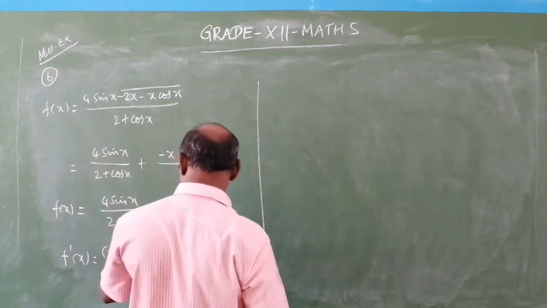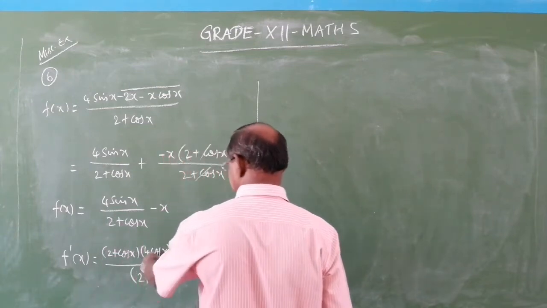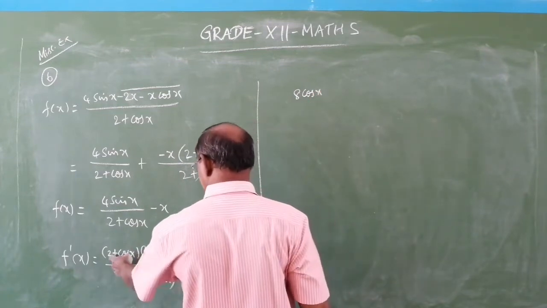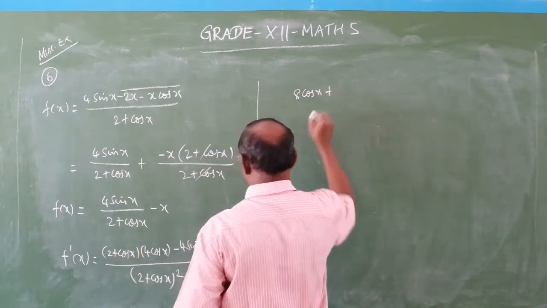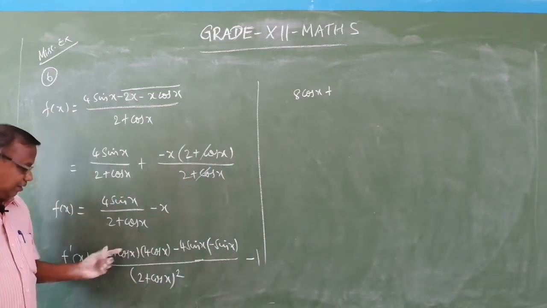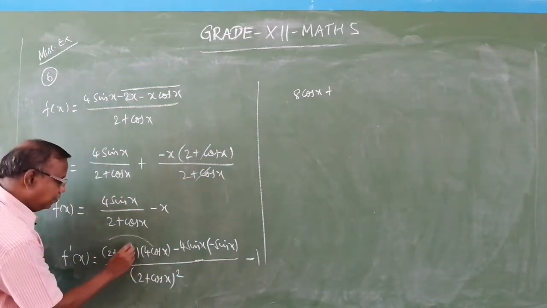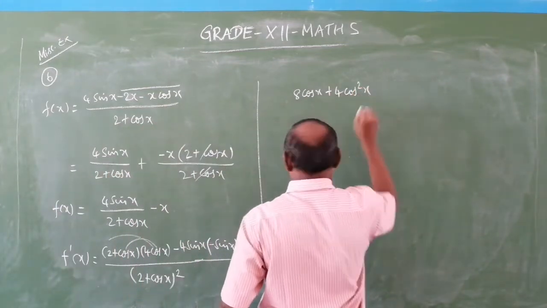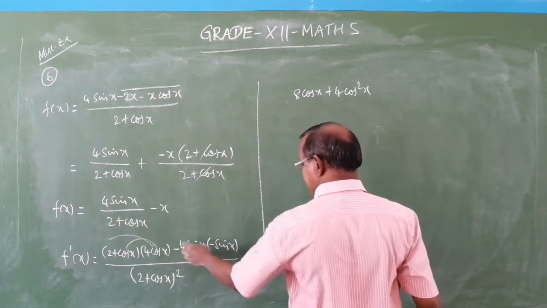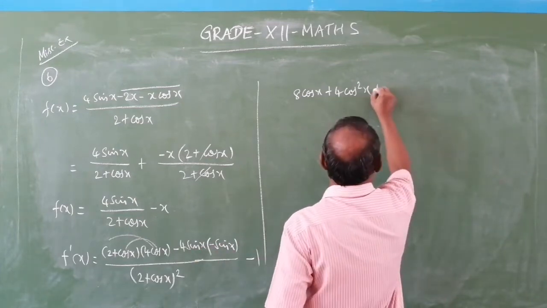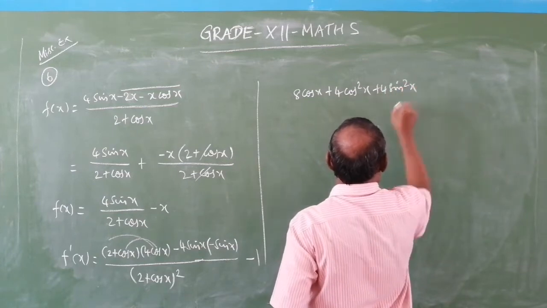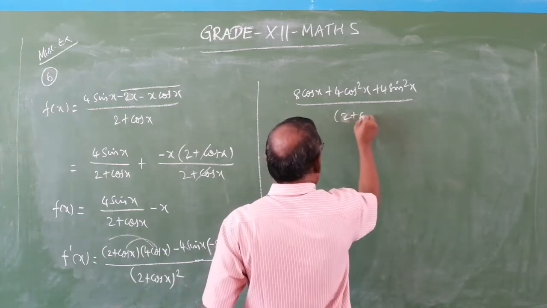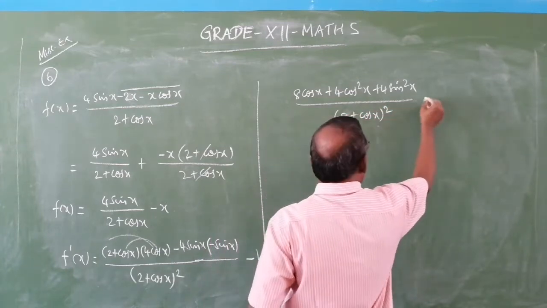Now the numerator is 4 into 2, 8 cos x plus 4 cos square x plus 4 sin square x. The denominator is 2 plus cos x the whole square minus 1.